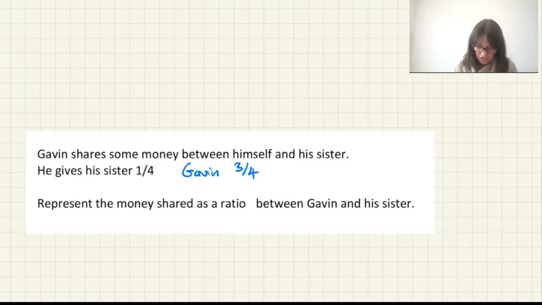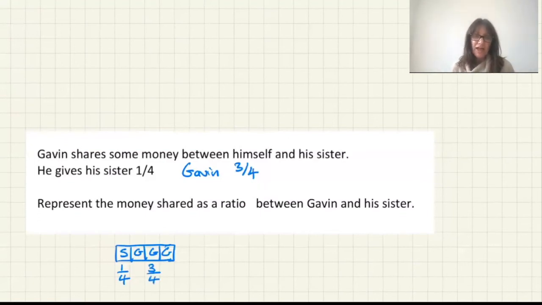So let's look at this just as a diagram quickly so we can get a really good feel for what is happening here. Okay, so there's my quarters. There's the sister getting 1 and Gavin getting 3. And you can see that there's 1 out of the 4 to the sister, 3 out of the 4 to Gavin. So that picture is helping us see the fractions that are going on. And I'm going to colour it in to really help it stand out.